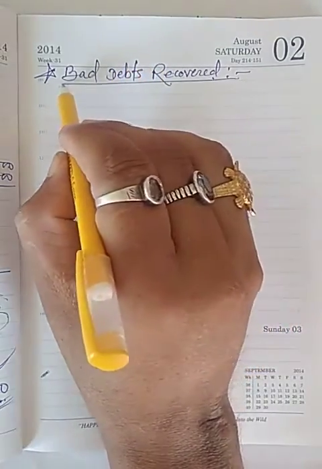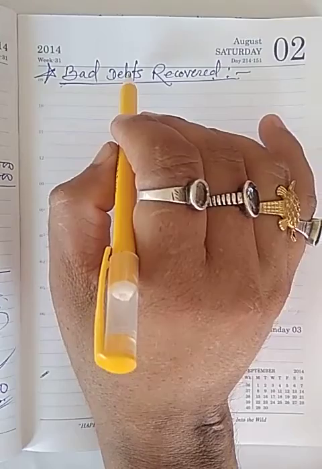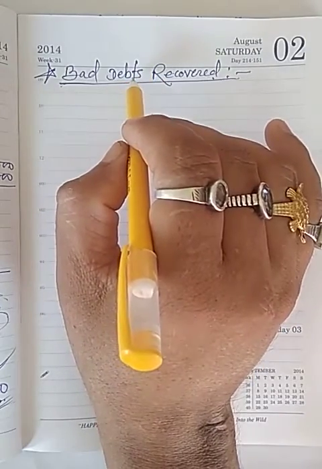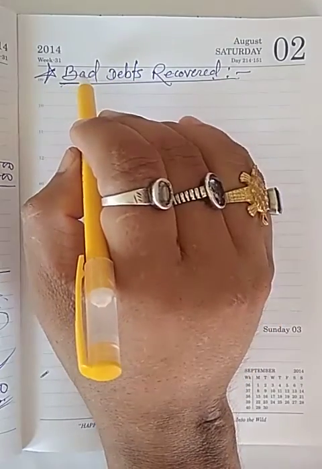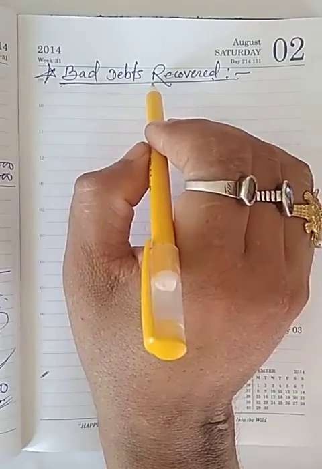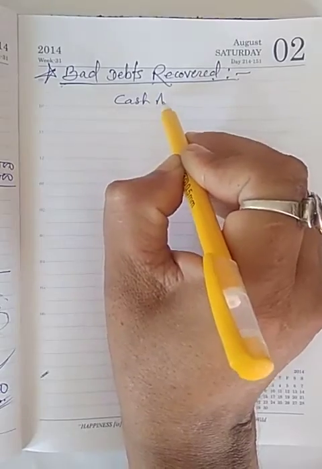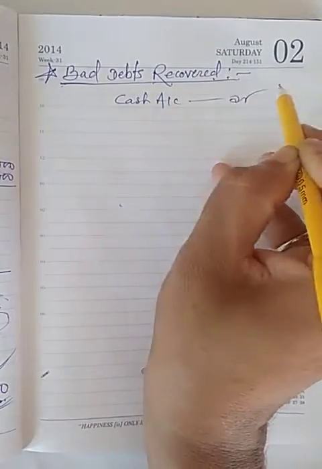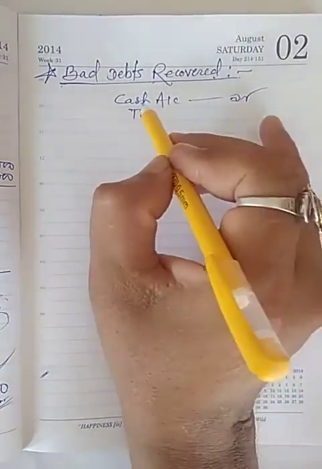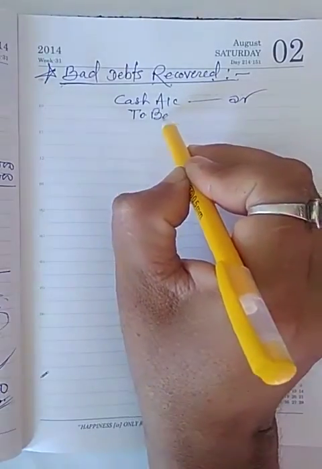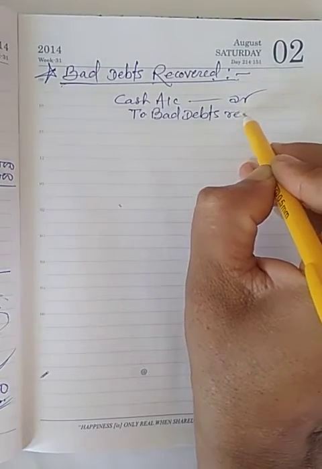Then bad debt recovered: when I have written off the bad debt account, but after some time the bad debt is recovered, then cash will come into the business, so cash account will be DR. And to, cash is coming in the form of bad debt recovered.